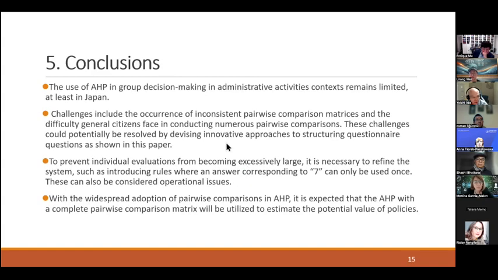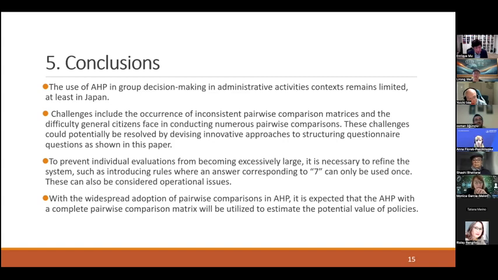And then, the conclusion. The use of AHP in group decision making in administrative activities remains limited, at least in Japan. Challenges include the occurrence of inconsistent pairwise comparison matrices and the difficulty general citizens face in conducting numerous pairwise comparisons.